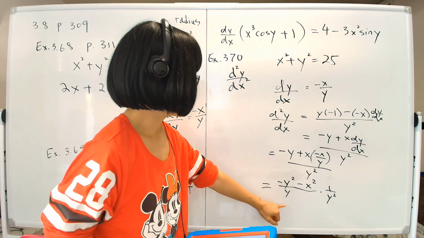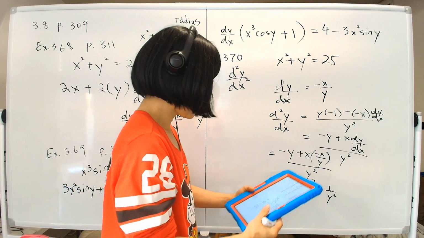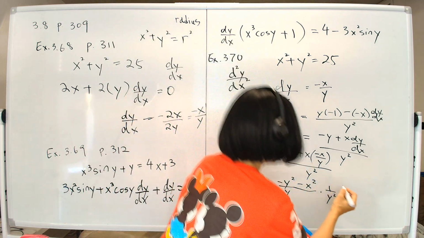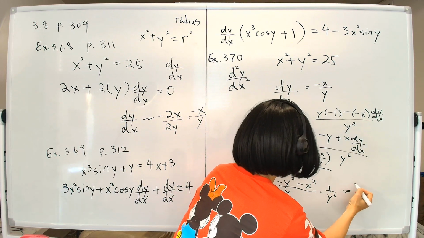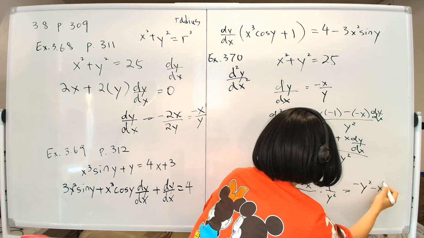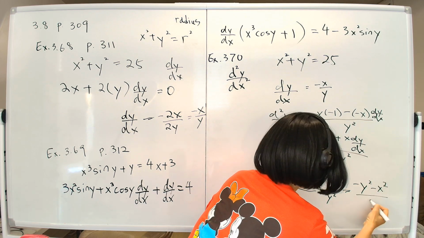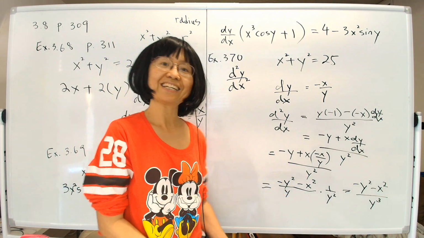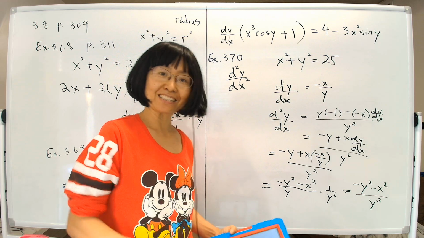So that is what that is, and then it ends up being this. So then it becomes minus y squared minus x squared, divided by y to the power 3. Is that right? Yeah, it is exactly what the book gets. So let's assume that's correct.